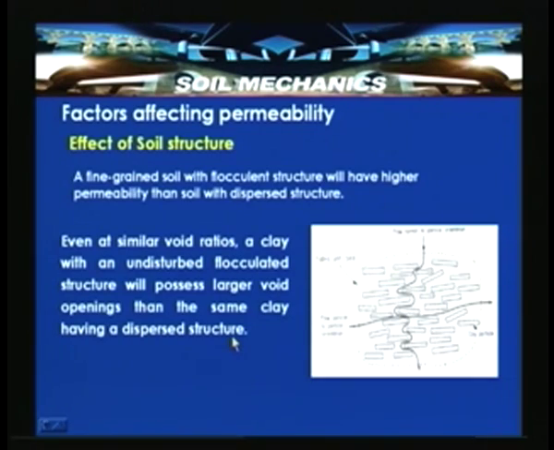We have also discussed that a flocculent structure, because of the truss-like arrangement, has a 3-dimensional or random arrangement with large openings or large pore spaces. So the larger the pore spaces, the more the flow. That is what we have discussed: K is proportional to D, the size of the pore spaces.